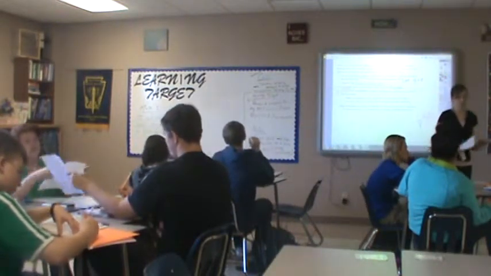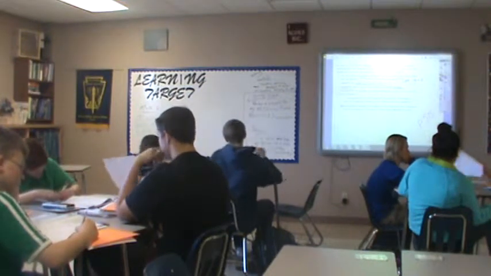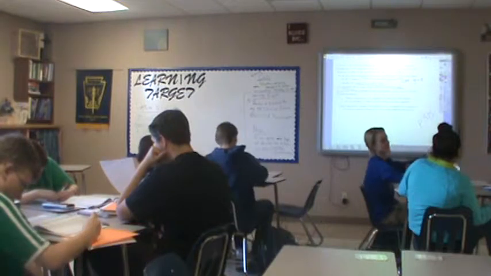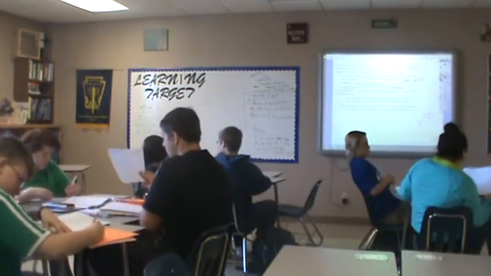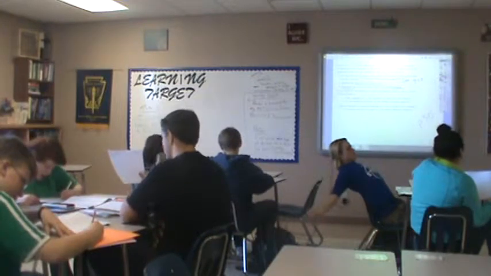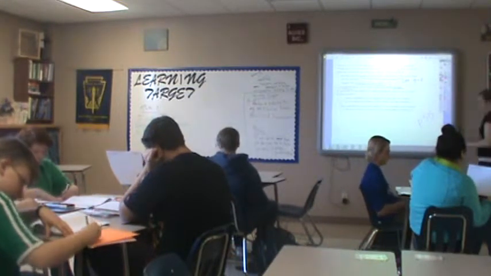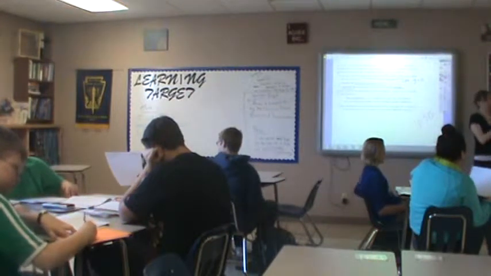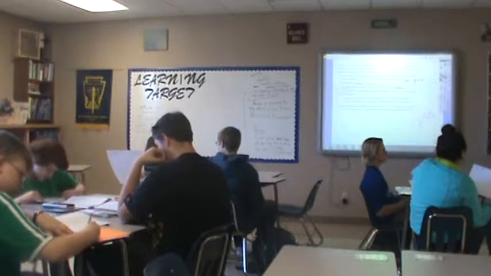Okay, now those notes will help you with this worksheet I'm handing out. Now these are from number 2 that we did, that you should have done for homework last night.